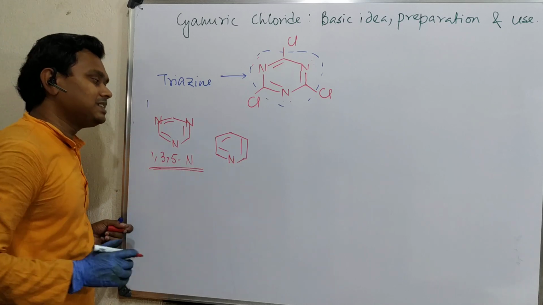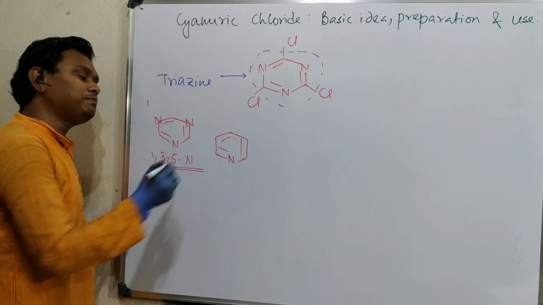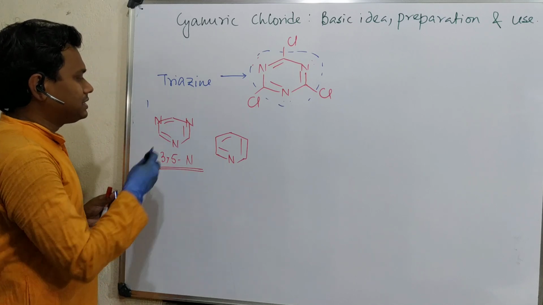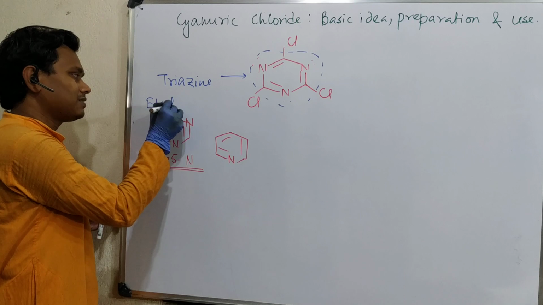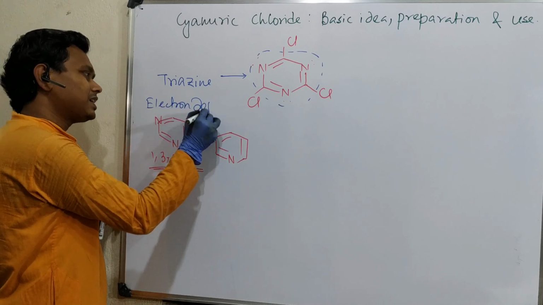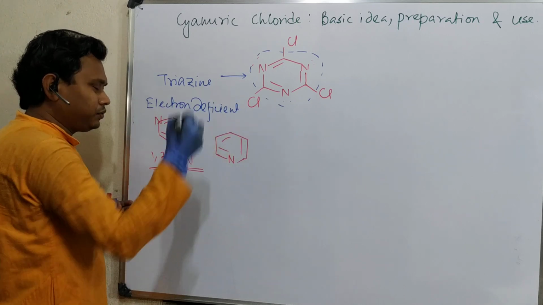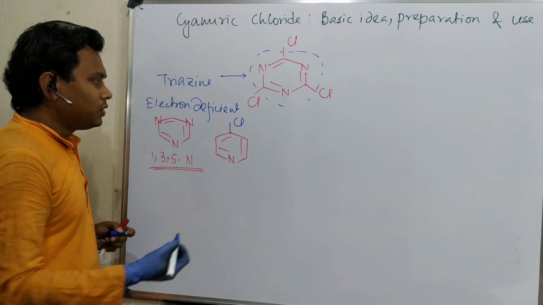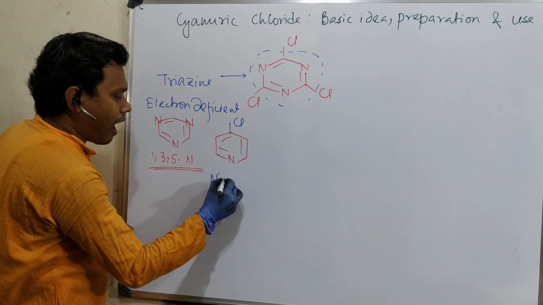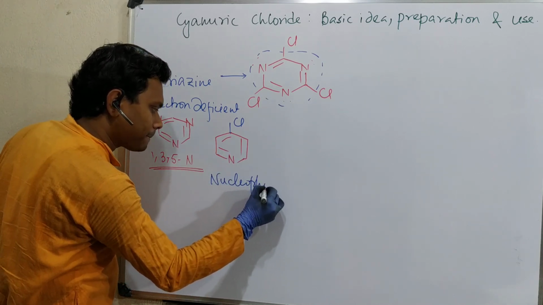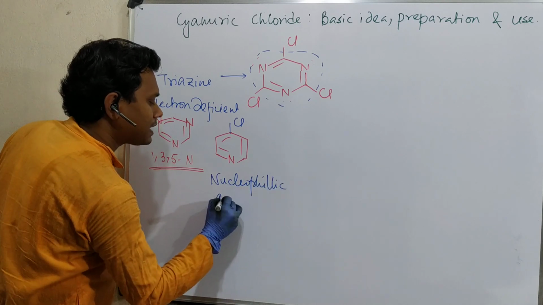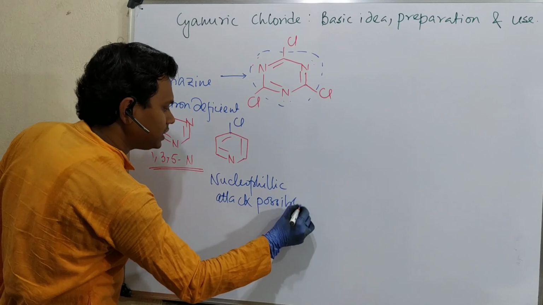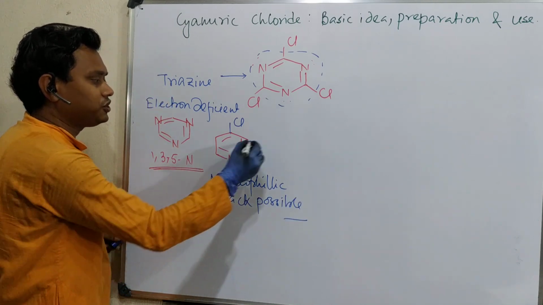So there is a similarity between triazine and pyridine, and you can understand that this is electron deficient. If you compare it with 4-chlorotoluene or 2-chlorotoluene, we know that nucleophilic attack happens on this nucleus. Nucleophilic attack is possible, but electrophilic attack is not possible because it is electron deficient.